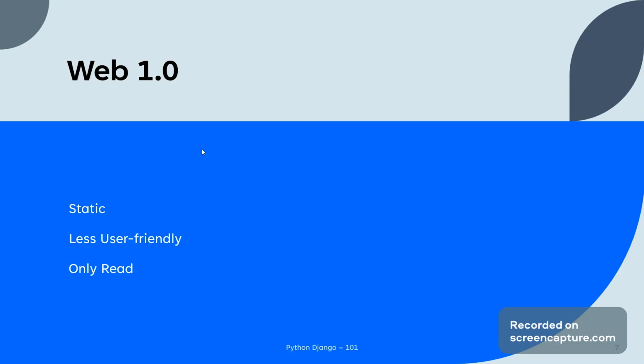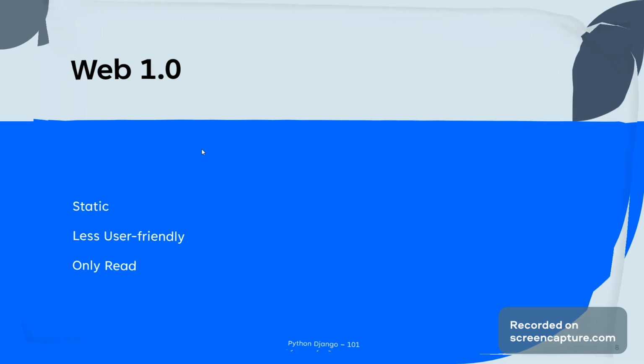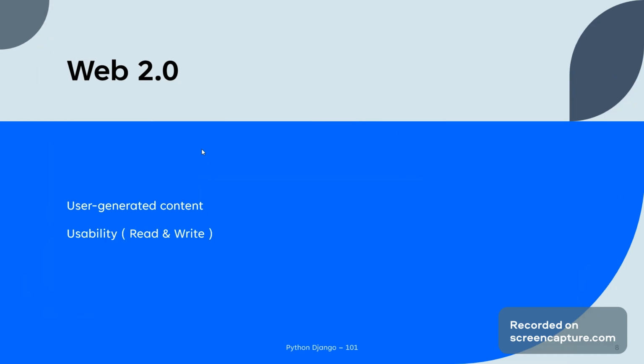Web 1.0 is static and not user friendly, read only. Compared to today's world, it was not like that. There are some click options, but no runtime update, and there is no interaction between the user and the front end. Web 2. Currently, we are in Web 2. Also, in the last few years, there is a hype that Web 3 is coming.